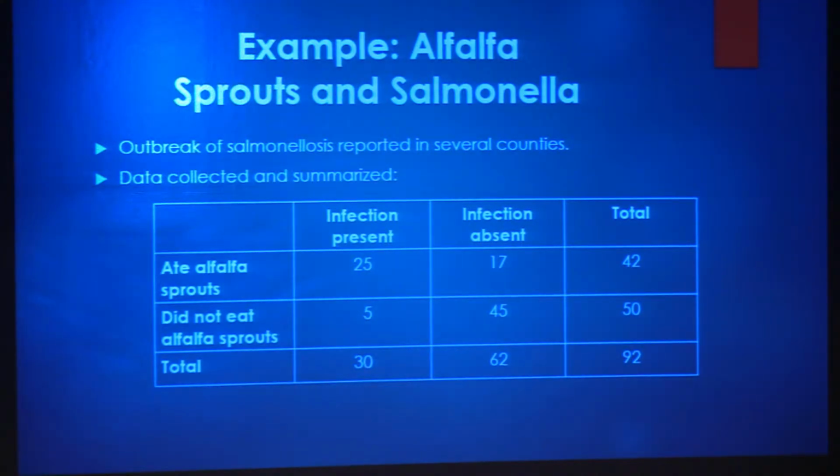Local health authorities have notified us about an outbreak. We received some data, and we are going to summarize the data in this fashion. We're going to look at two categories here: infection present and infection absent, against people who consumed alfalfa sprouts and those who did not.